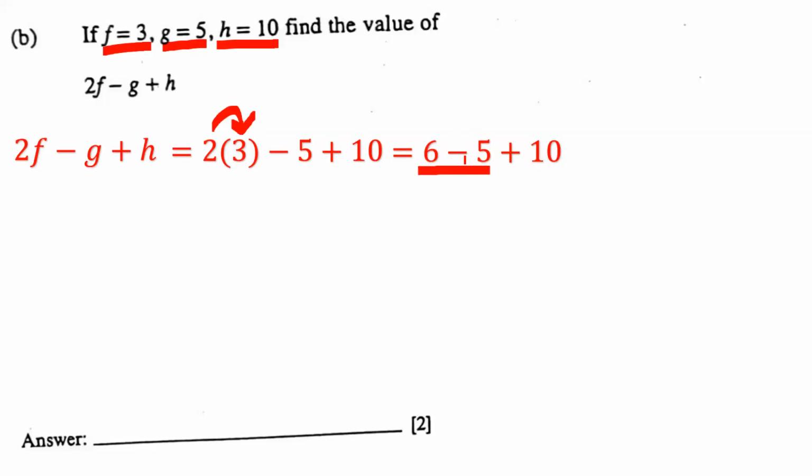Well, 6 minus 5, that's going to be 1. And plus 10, that's 1 plus 10, and 1 plus 10 is definitely 11. And so the answer for this is going to be 11. So if f is equal to 3, and g is equal to 5, and h is equal to 10, the value of 2f minus g plus h is actually 11.